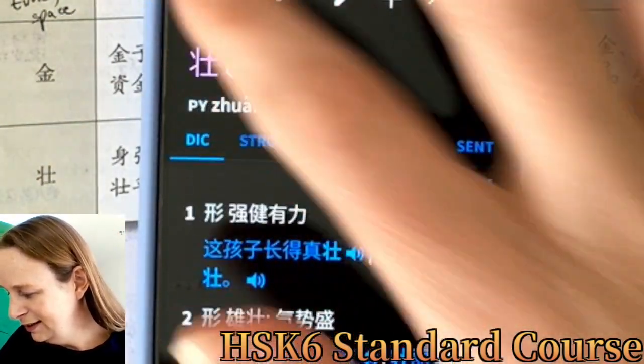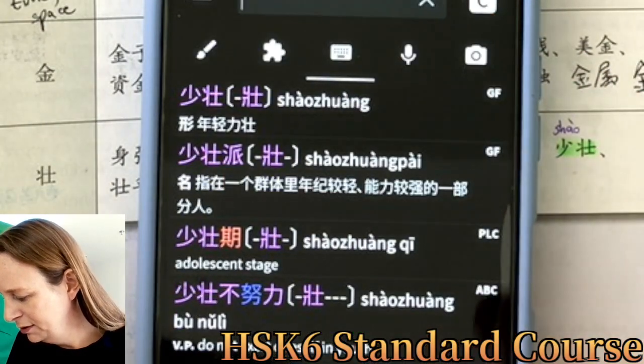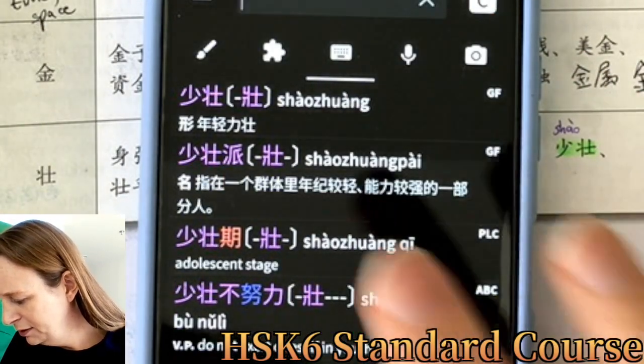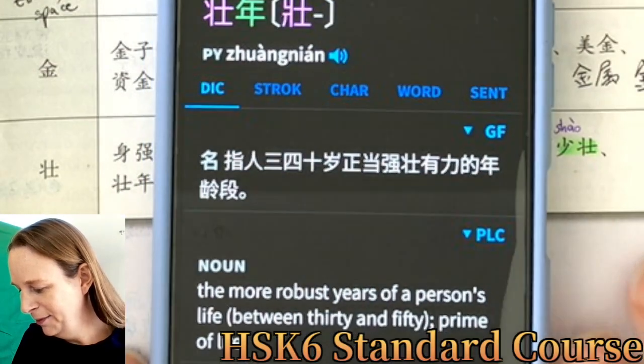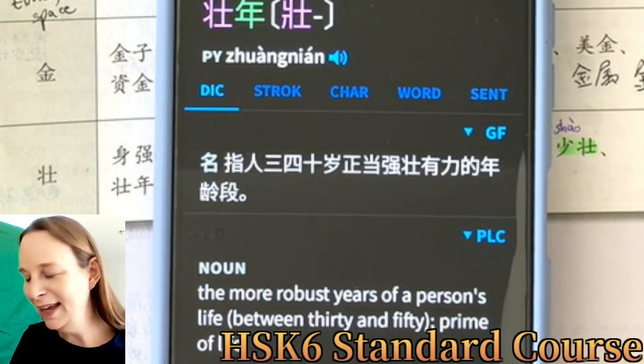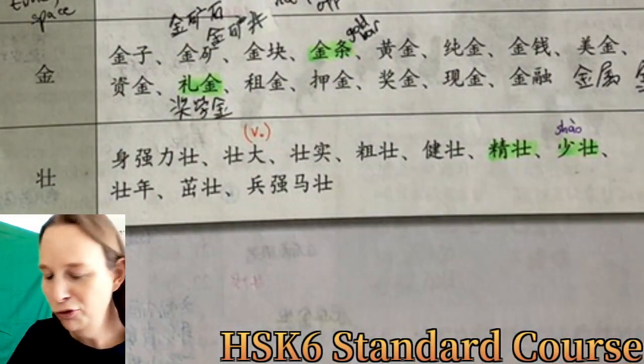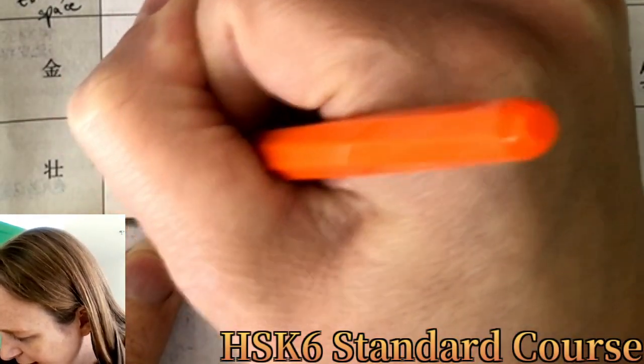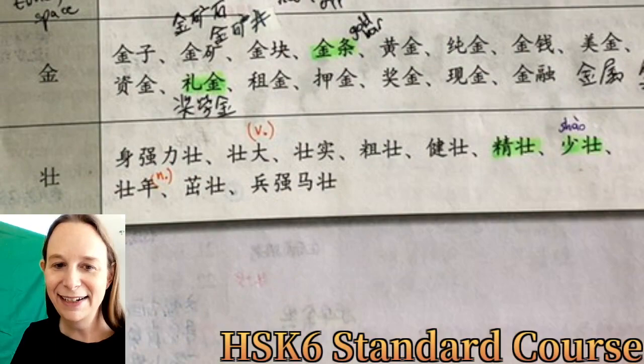Next. 壮年. Is that really a word? Maybe I just didn't put in the right 壮. 壮年. Prime of life. This is a noun. So I got that one wrong. That's not an adjective.